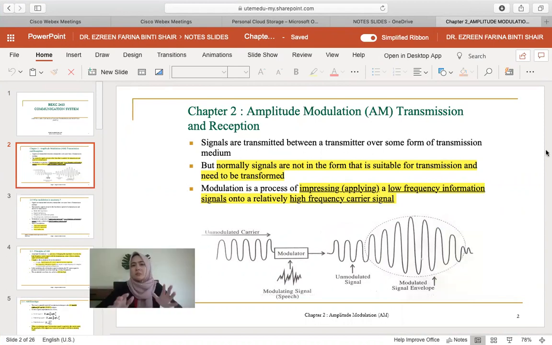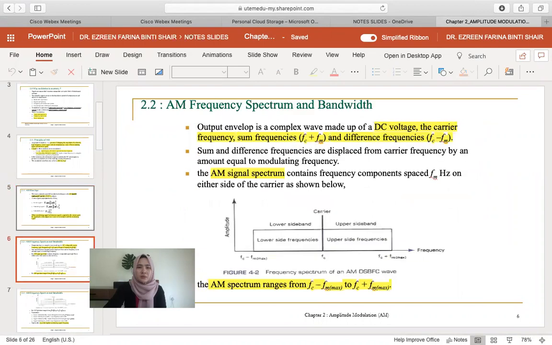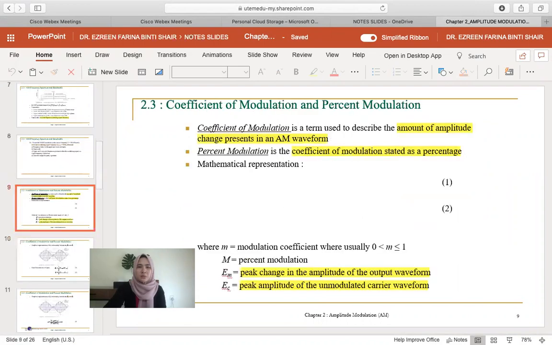This is amplitude modulation. You have two inputs, carrier signal VC and the modulating signal VM, and you have the output. It's just that the signal for the output is different compared to the angle modulation.